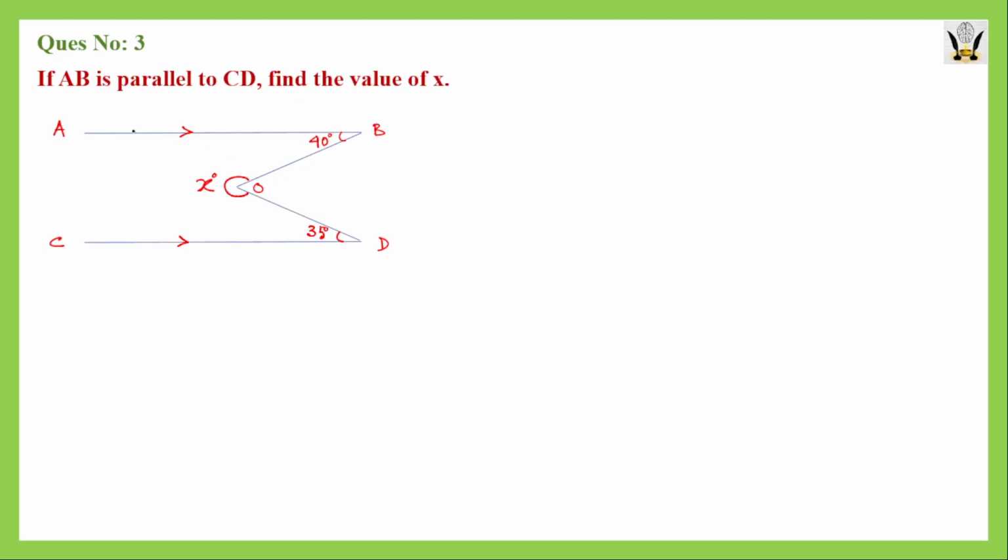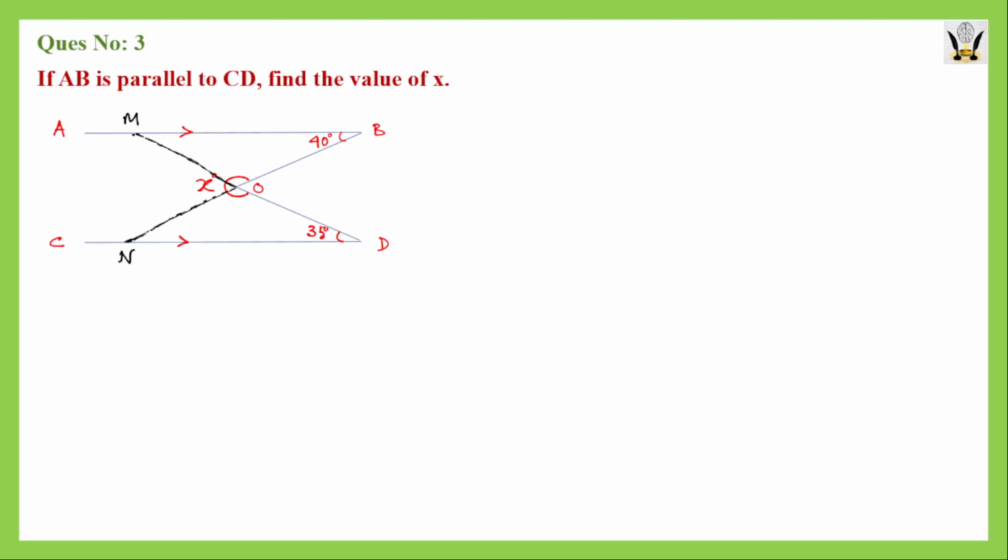Now the next sum. Here it is given that AB, this straight line, is parallel to this straight line CD. Then we need to find the value of this angle. Now for finding the value of X, we will do a little bit of construction. What we have done here is we have extended this straight line OD.